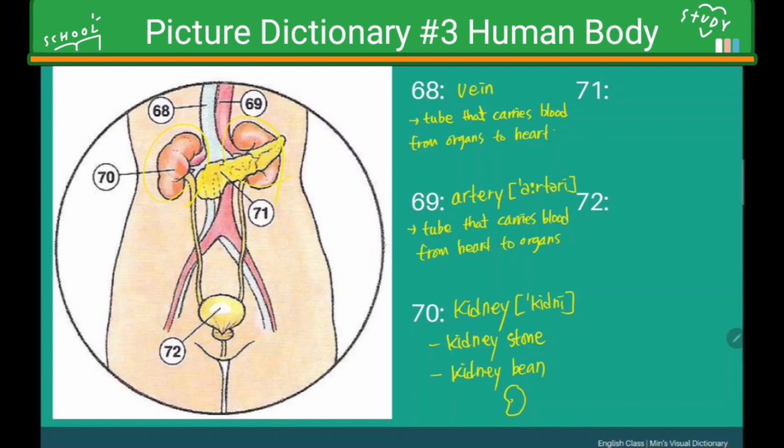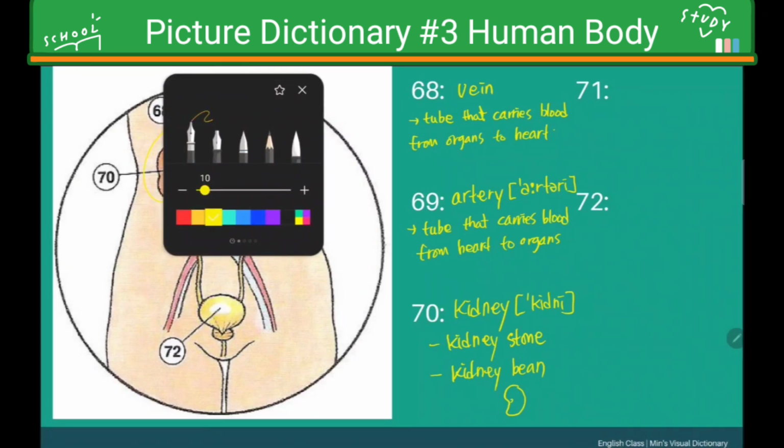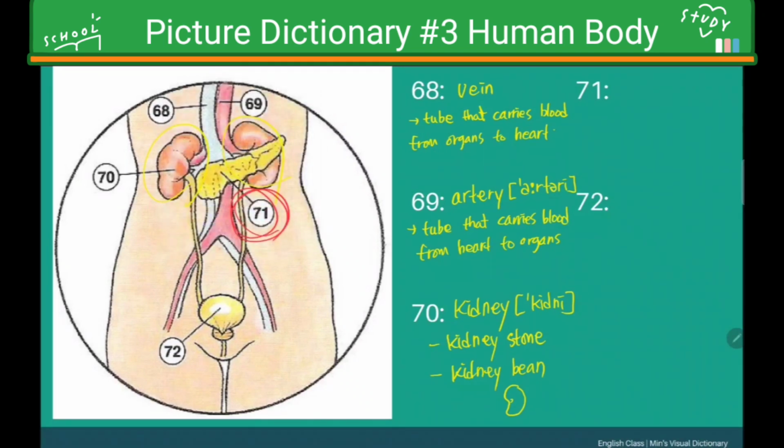Okay. And number 71 is this yellow small organ that lies inside of our body, well protected by bones and our other organs, because it is super important. That's what we call pancreas.